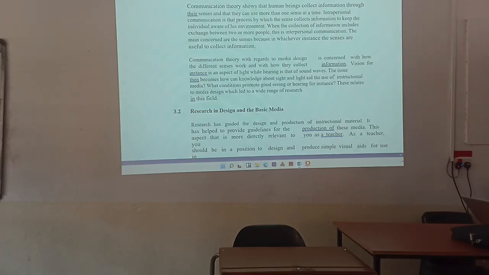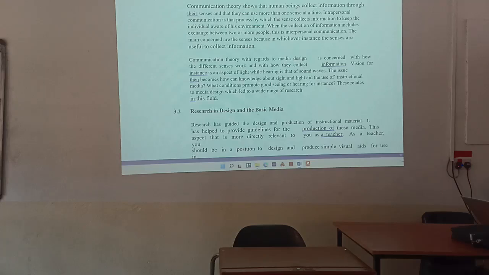So these senses, we need to keep them in mind when we are designing our instruction with the media. They should utilize one of these, because they help in communication. Communication theory with regards to media design is concerned with how the different senses work and how they collect information, right?